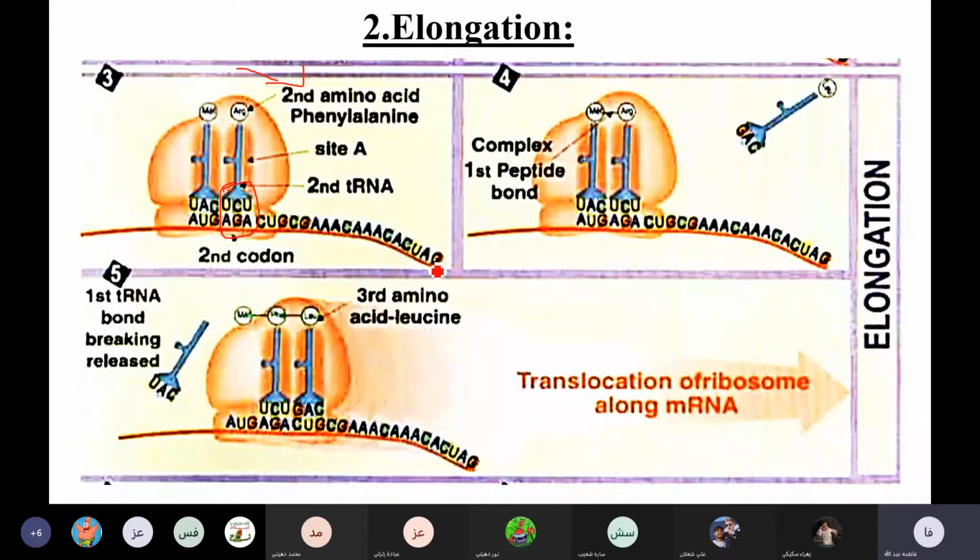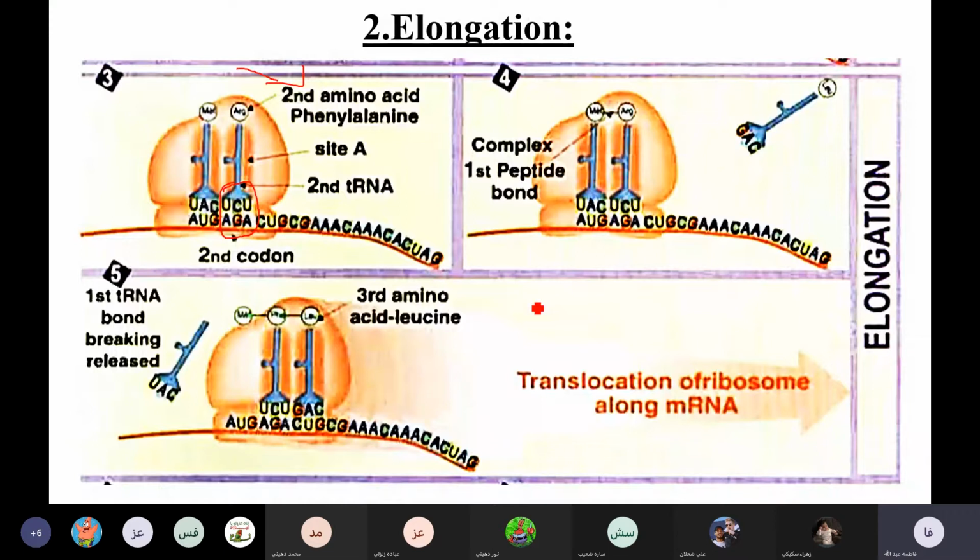If the ribosome moves, I will lose the transfer RNA, because the transfer RNA is attached to the messenger RNA and not to the ribosome. The ribosome is the space where the transfer RNA sits inside, but the bonds holding them are between the anticodon and the codon. So the bonds are specific for the messenger RNA and they have nothing to do with the ribosome.